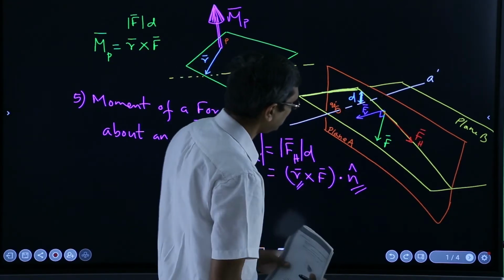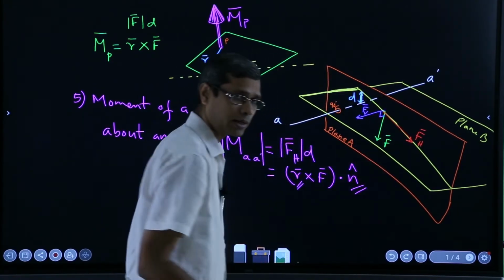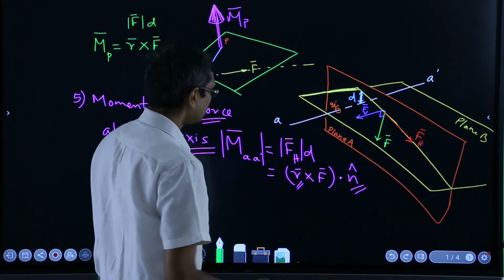So it must be perpendicular to that, right.